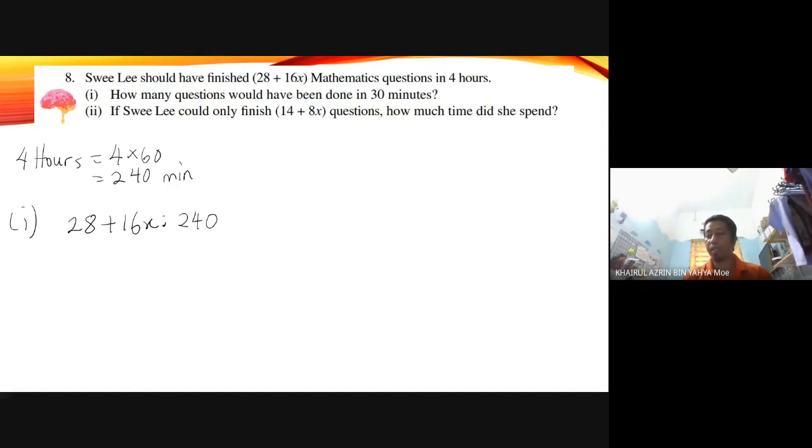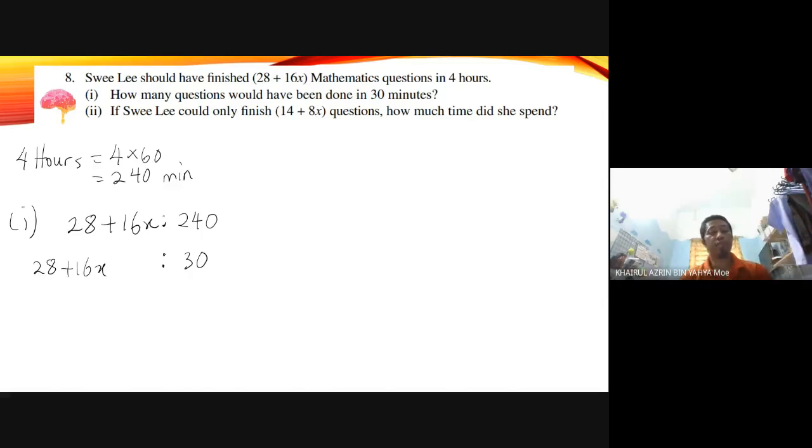Okay, we write in ratio. And then the question asks us about this one. How many questions would have been done in 30 minutes? From 240, it becomes 30. So this one, 28 plus 16x.